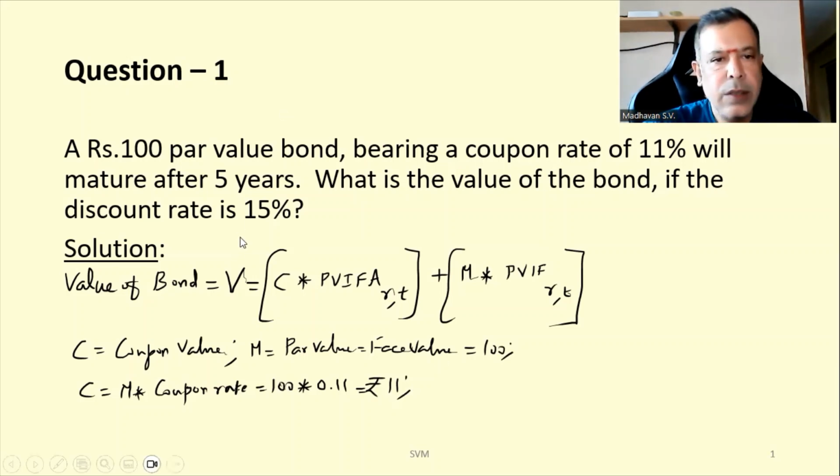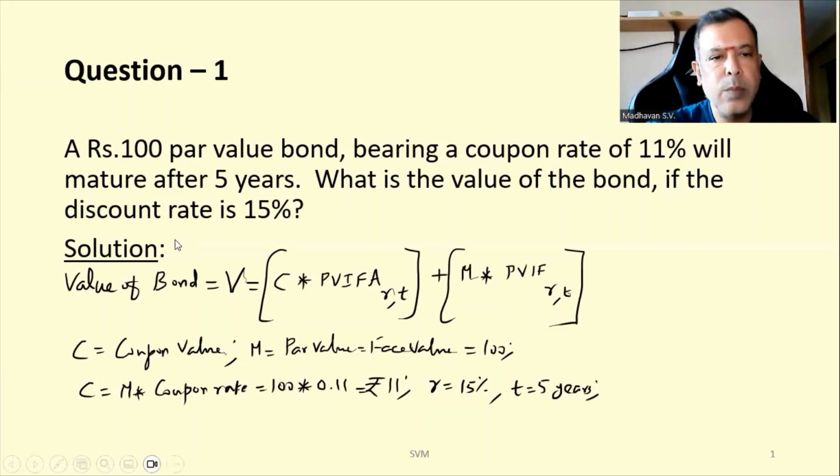Based on this, let us move on. R is given as 15%, and the maturity time period is given as 5 years.